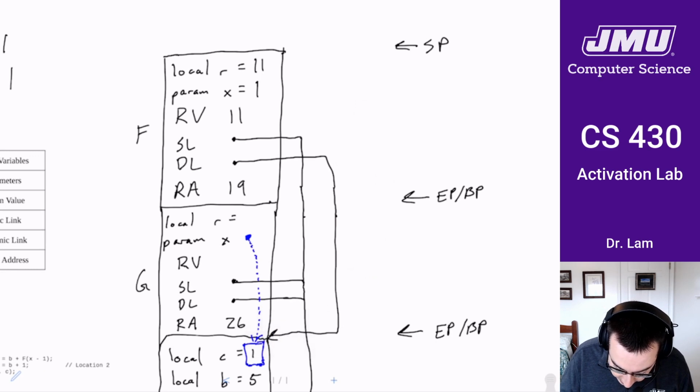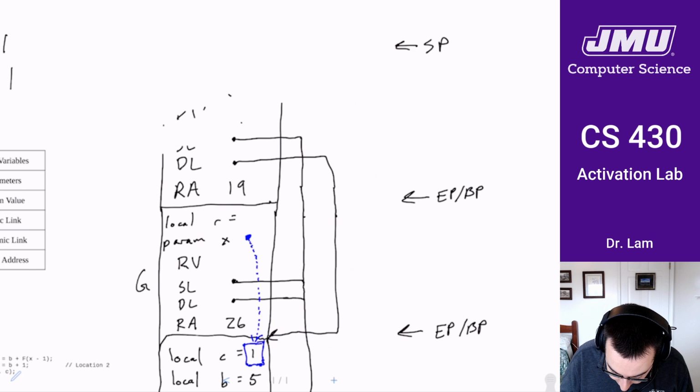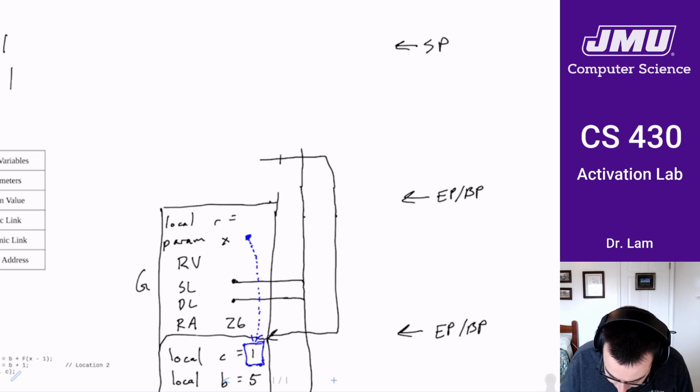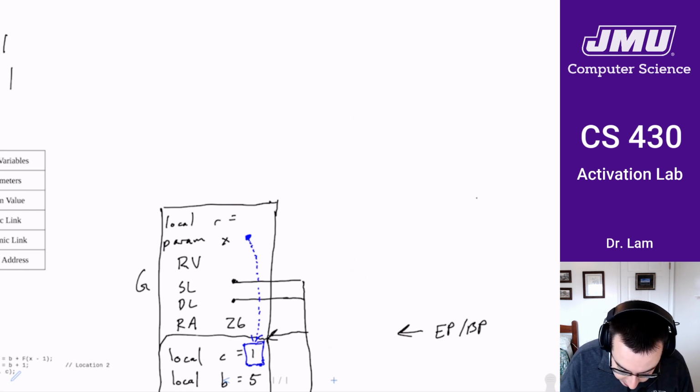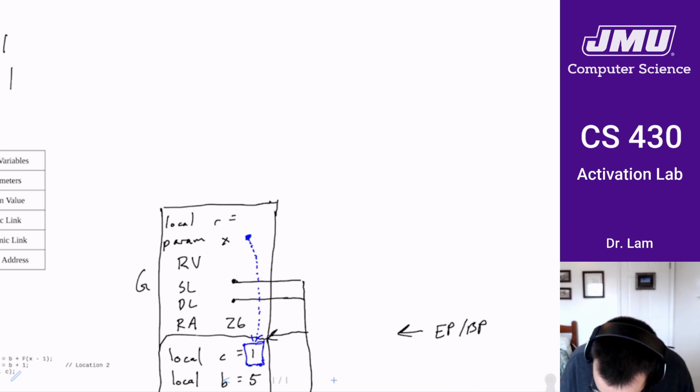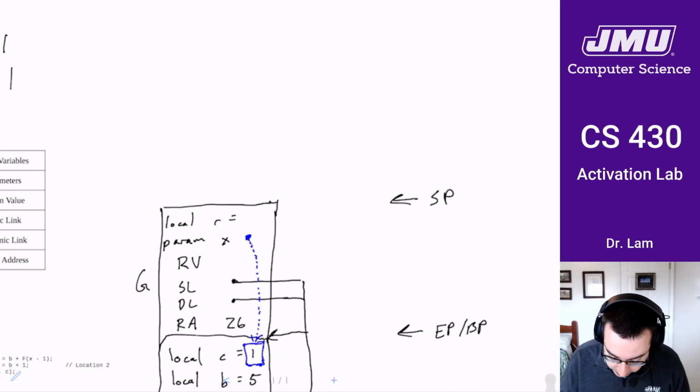Now everything in this stack frame goes away, as does that stack pointer, because the stack pointer is always pointing at the top of the stack. So that is now going to be pointing there.